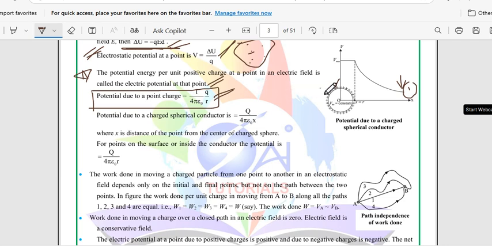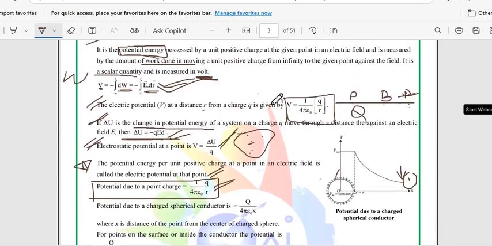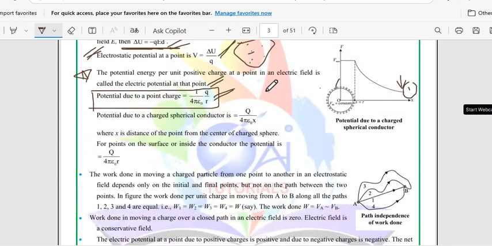Suppose you consider the potential due to a charged spherical conductor. See, this is a spherical conductor, having some positive charges over there. If we consider the point P at a point outside the surface, in the first chapter I considered an area like this, the unit positive charge.